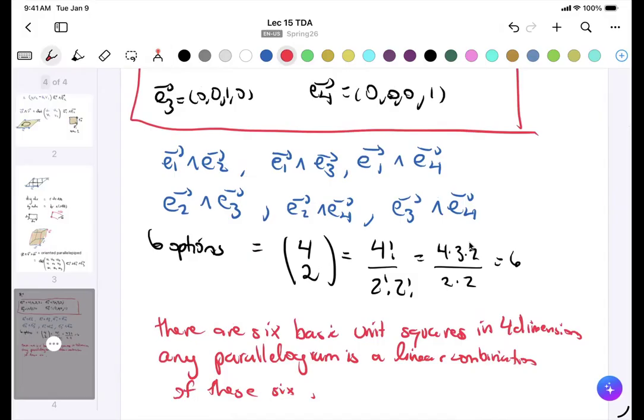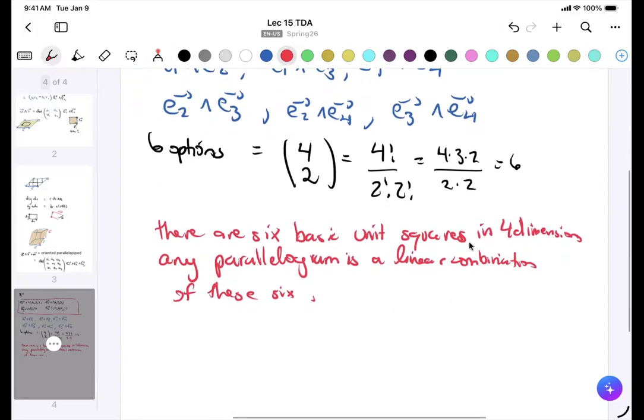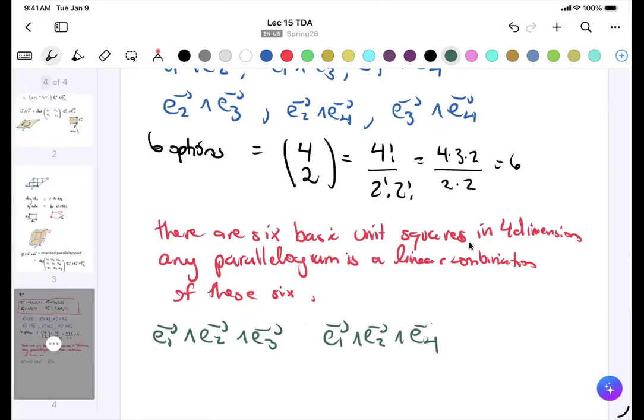And then how many unit cubes are there in 4 dimensions, which are generally different? You could do E1 wedge E2 wedge E3. You could also do E1 wedge E2 wedge E4.